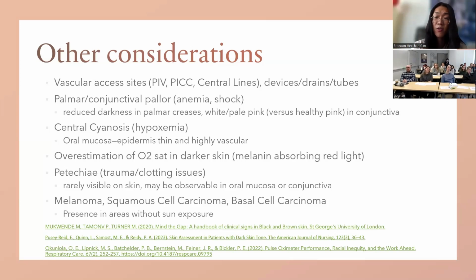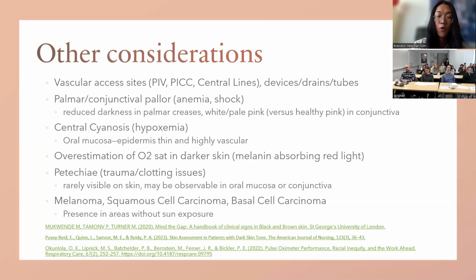Another consideration is for folks who have more melanin. The way that O2 sat probes work, they see how much infrared light is coming through, but folks who have darker skin absorb more of that. There are some studies that show that folks with darker skin actually have a higher perceived O2 saturation via the sat probe than in reality.